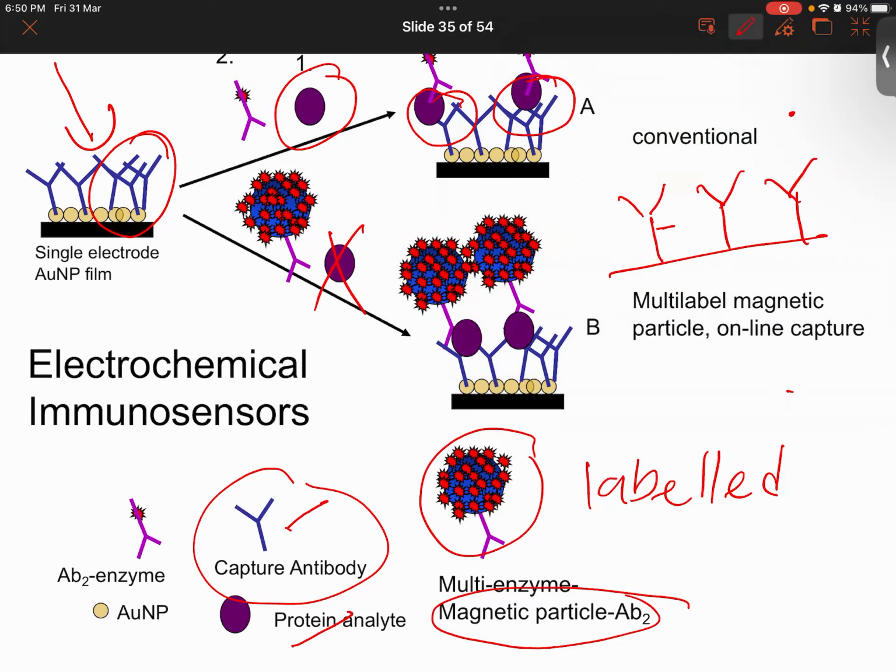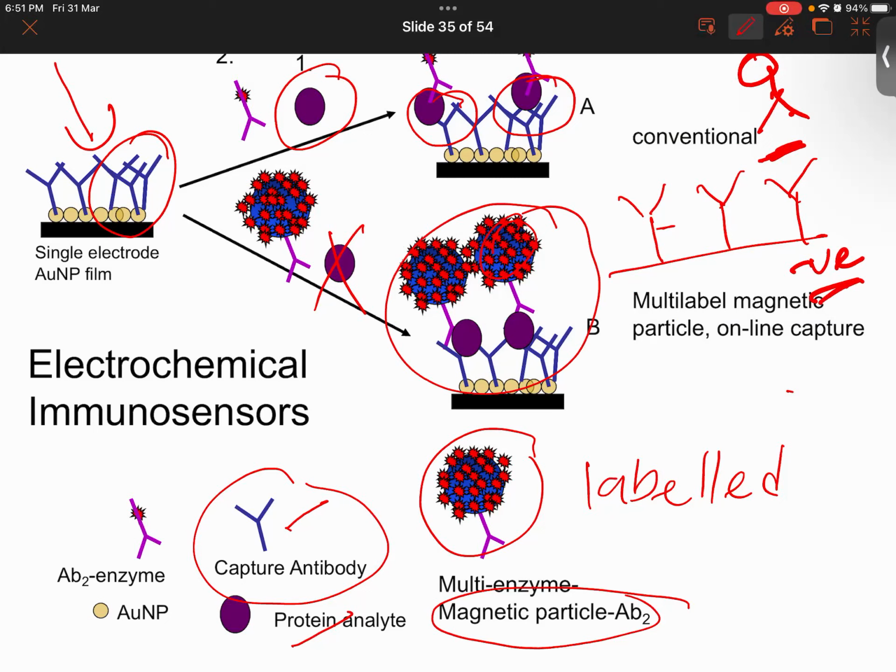So it's negative. Even if the label antibody comes here, this one, it will not be able to interact with the capture antibody because the antigen is not there. So of course the correct one is here, but the negative one is here, right? Yeah, so this is how it works.